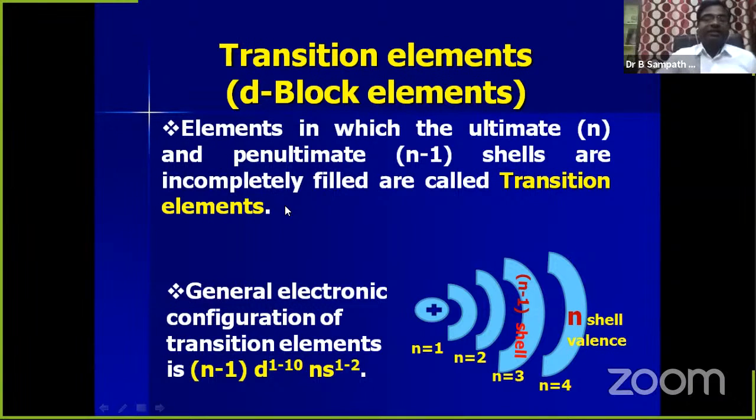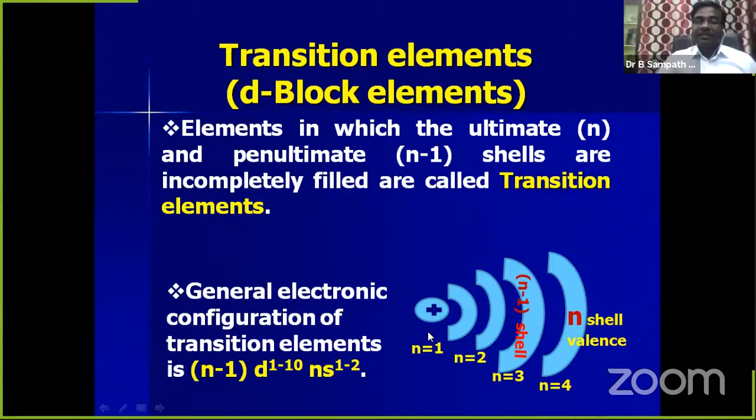Once again I am repeating, children: elements in which the ultimate and penultimate shells are incompletely filled are called transition elements. See the diagram I have given here.